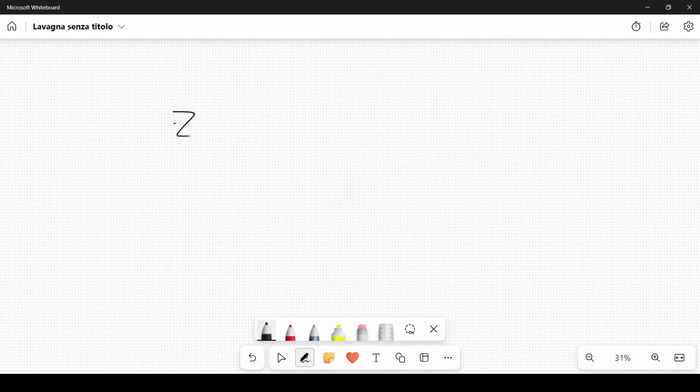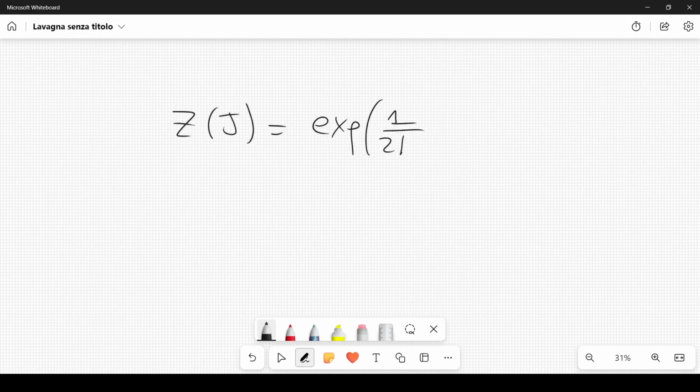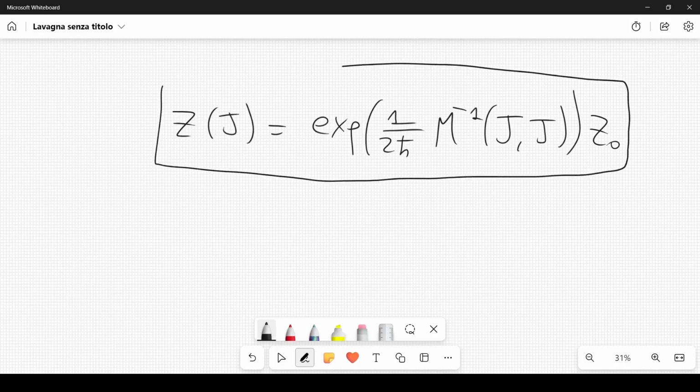We have Z of J, we can write it as the exponential of 1 over 2h bar M inverse JJ, and then we have Z_0. So this is the result that we have with a source called J, and we will move on from here next time.